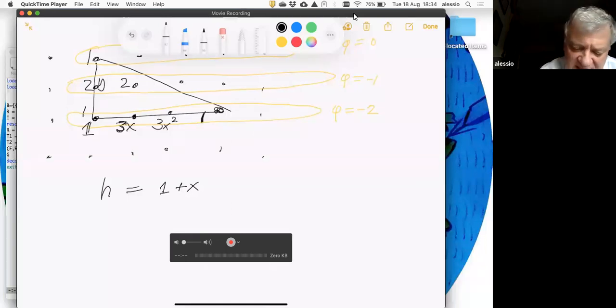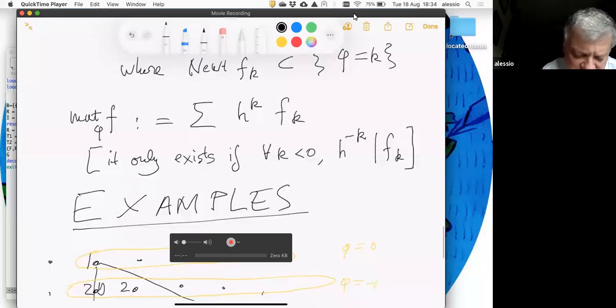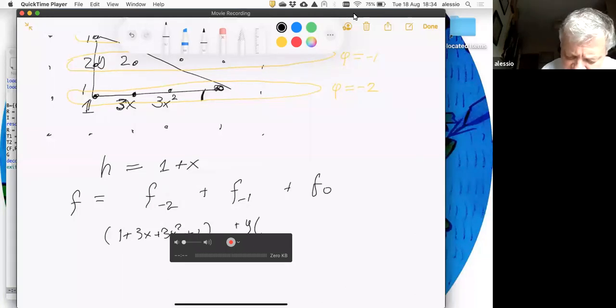Then I'm supposed to write f as a sum over k in Z of f_k. So here f will be f_{-2} plus f_{-1} plus f_0, where f_{-2} is simply 1 plus 3x plus 3x squared plus x cubed, f_{-1} is y times (2 plus 2x), and f_0 is y squared.